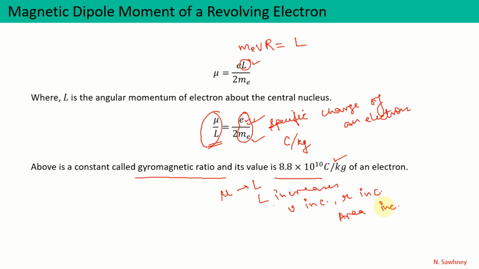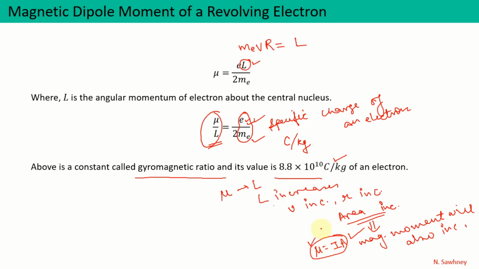What does it mean? If area is increasing, its magnetic moment will also increase, because we know the formula of the magnetic moment, which is equal to I into A. So if area is increasing, magnetic moment will also increase.